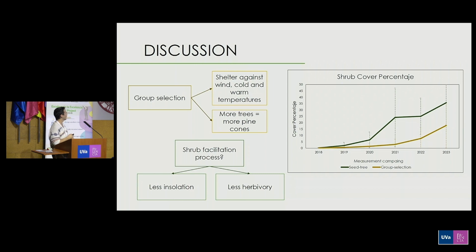We haven't statistically analyzed this, but one of our hypotheses can be the shrub facilitation process. If we look here, we can see the shrub cover percentage, and in the seed tree method it's almost 4 times higher than in the group selection. So this can show us that for the little pines, the shrubs can give shelter, and less herbivory because they are not palatable plants.